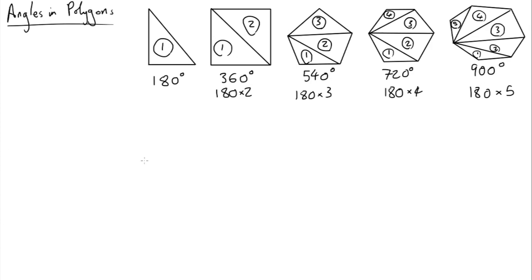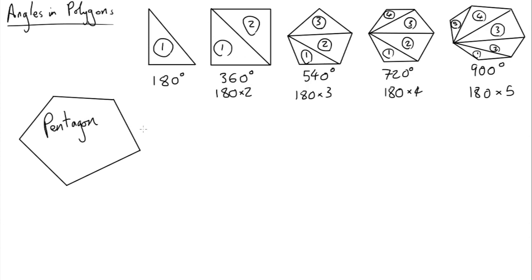Okay, so if I was to draw a shape here, so we have 1, 2, 3, 4, 5 sides. This is a regular shape. This is a pentagon because it's got 5 sides. And you could have a look up here and you could tell me that a pentagon must have 540 degrees.